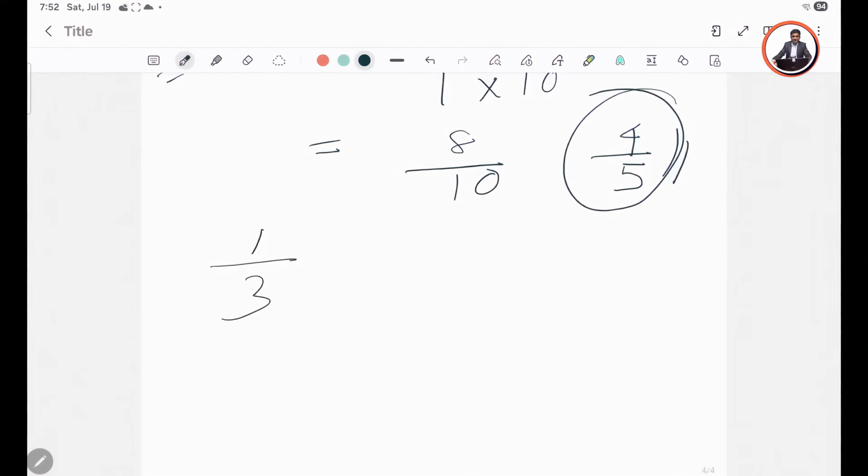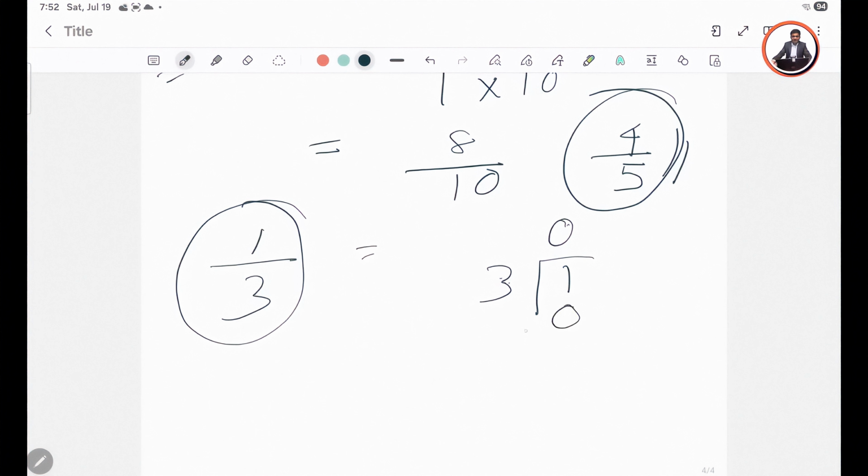1 over 3 is a rational number. Why? Because see, when you divide 1 by 3, how many 3's go inside 1 is 0. 3 times 0 is 0. And 1 take away 0 is 1. Put 0 here, put the dot.